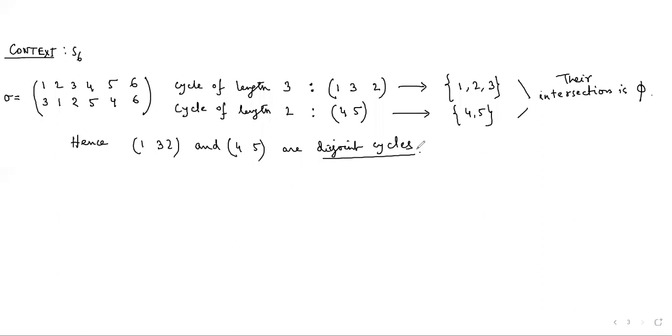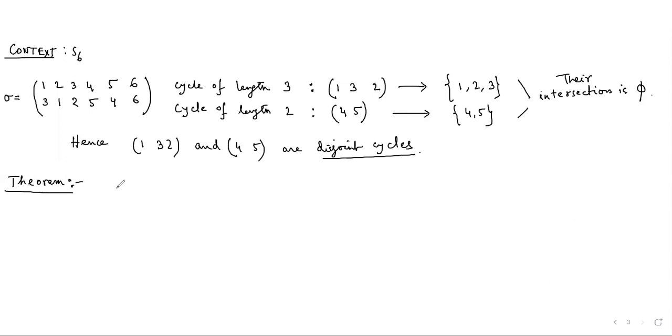Now, there are some other important points, and an important theorem that I am going to write. It's a very important theorem. Not only am I going to write it, but I am going to prove it also.